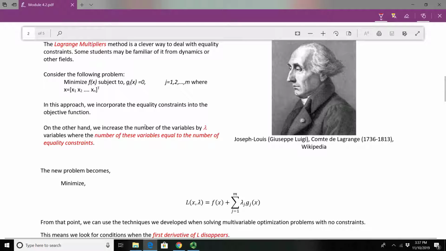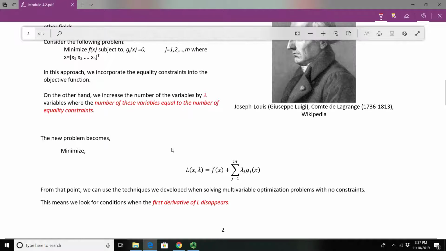Basically what Lagrange proposed is to increase the number of variables by lambda, where lambda will be the number of these equality constraints. So my function now is L of x comma lambda.